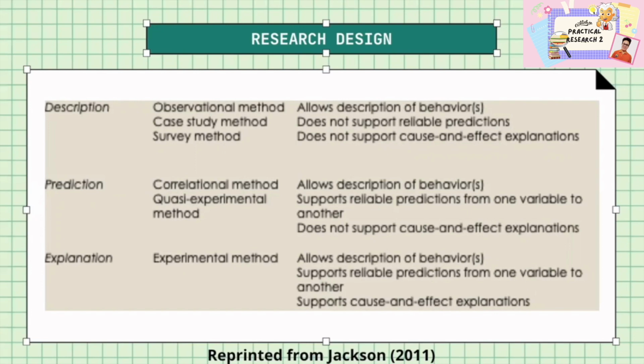Prediction. So we have the correlational method and the quasi-experimental method. It allows description of behaviors. It supports reliable predictions from one variable to another, but it does not support cause and effect explanations. For the purpose of explanation, we have the experimental method.